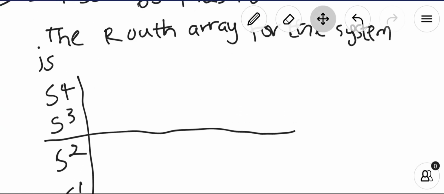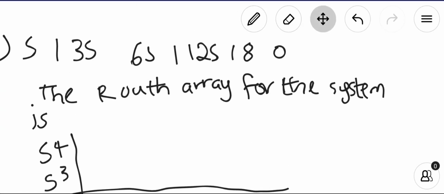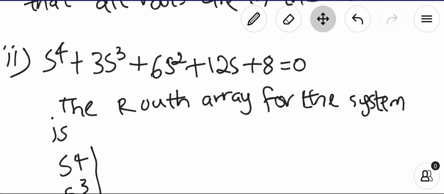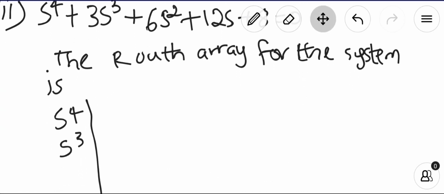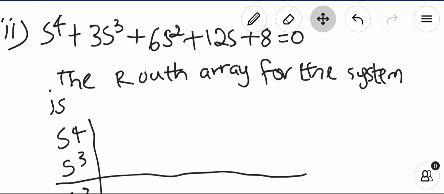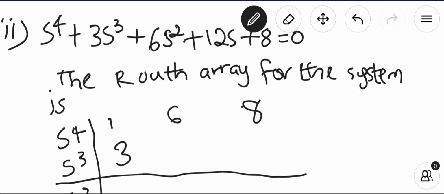So now, just like I did for S4, take the coefficient, skip one, take the next one, skip the other one, and take the next one, 8. Then for this, do the same, 12 and 0.